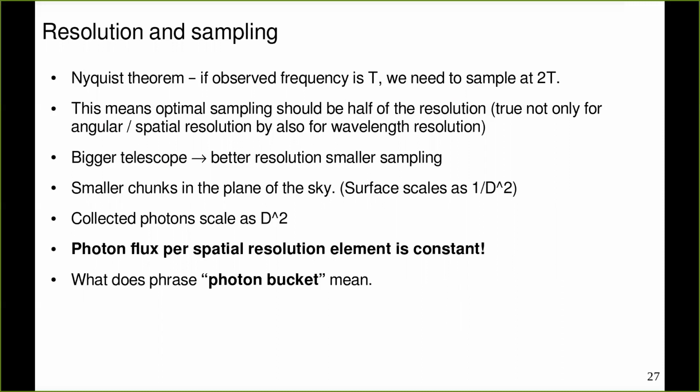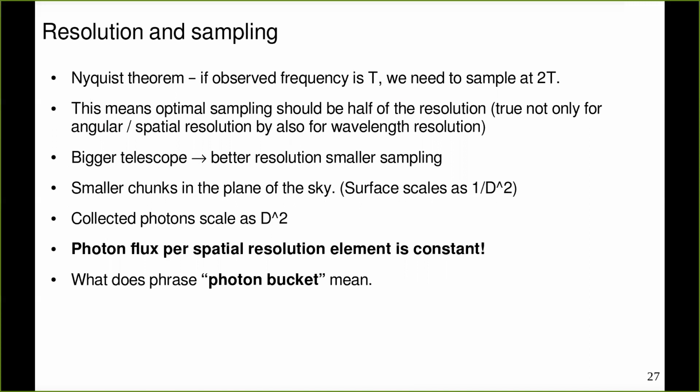So in the context of our telescopes, that means if our spatial resolution is, for example, 1 arc second, we should sample it at half arc second. So our pixels should cover 1/2 arc second in the sky. For DKIST, that basically means that if the theoretical resolving power is, let's say, 0.0, okay, number.